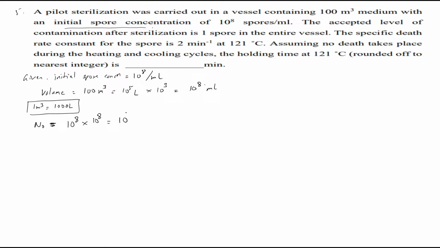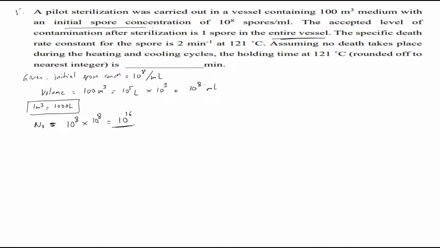So the initial number of spores will be 10 to the power 16 spores in the whole vessel. In the entire vessel.